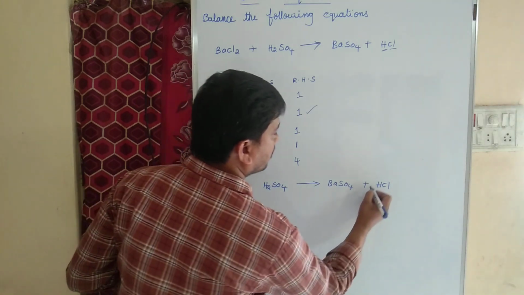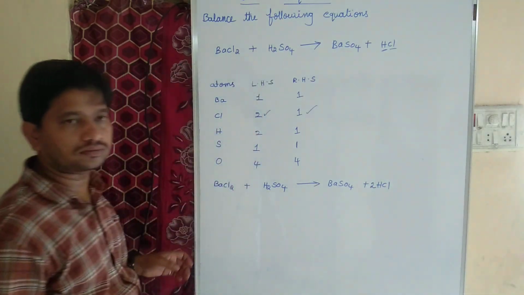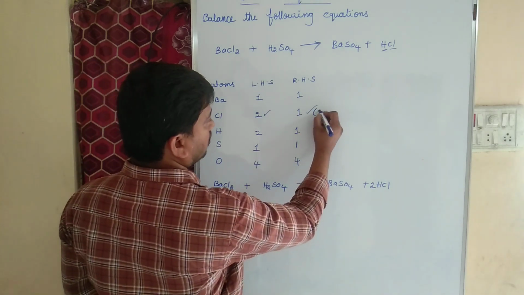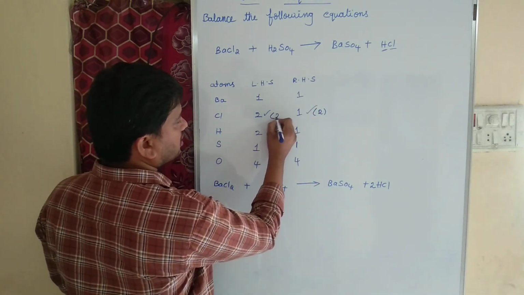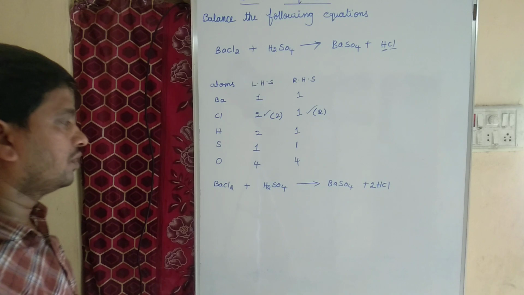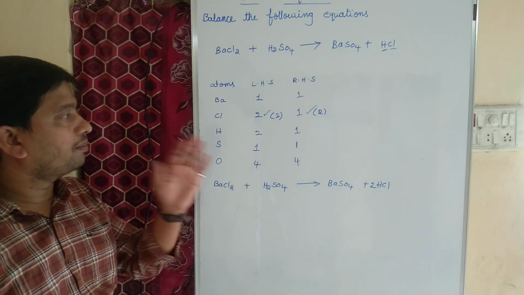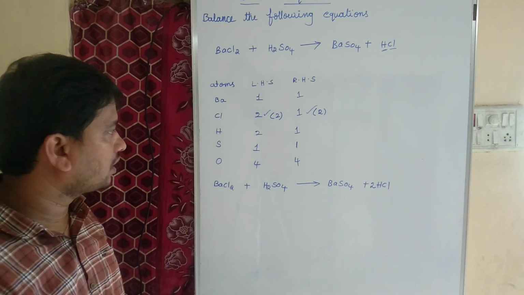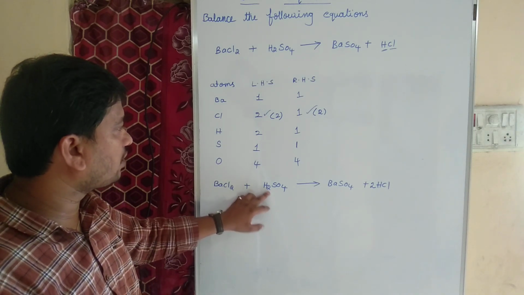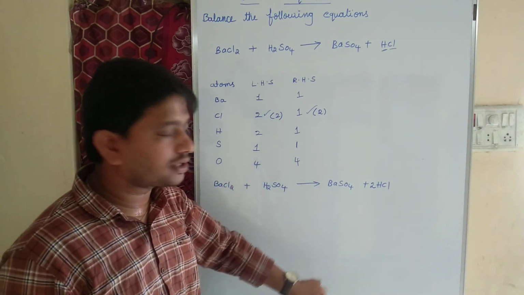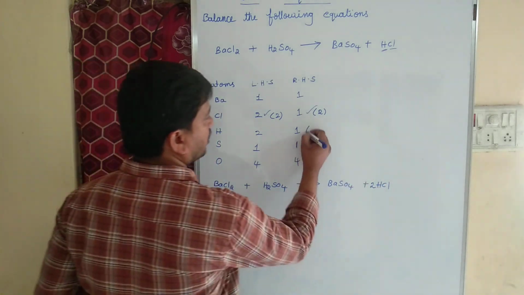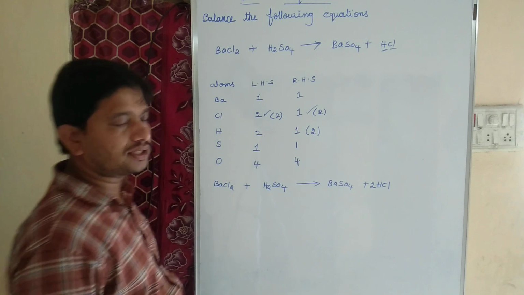So let me add 2 over here. Now on the RHS we have 2 atoms of chlorine, and on the LHS also 2 atoms. Chlorine got balanced. Now coming to hydrogen. On the LHS we have 2 atoms of hydrogen. What about the RHS? After adding 2 over here, it becomes 2 hydrogens. Now hydrogen atoms also got balanced.